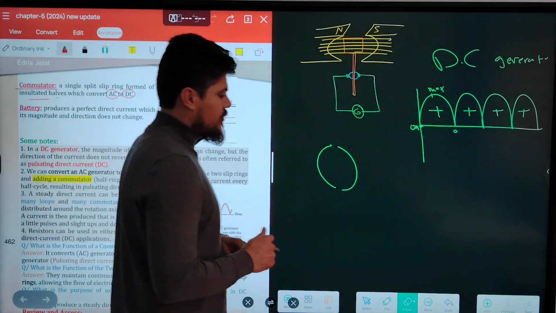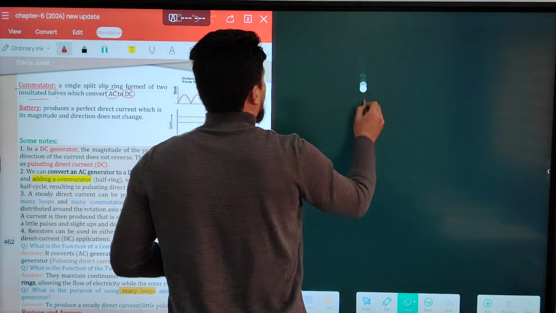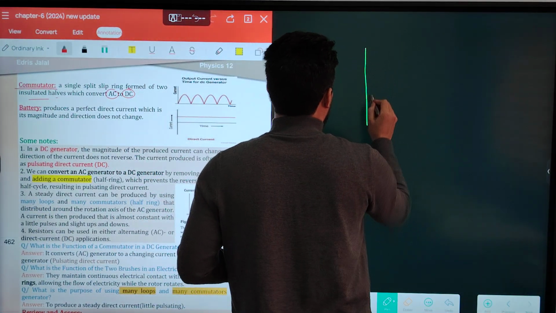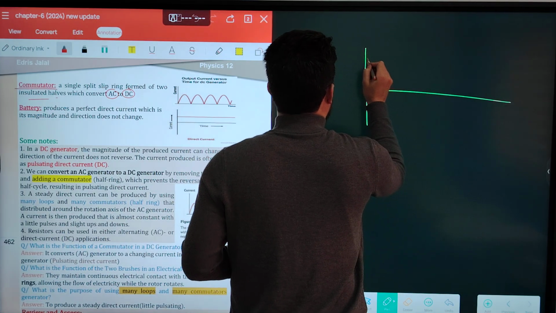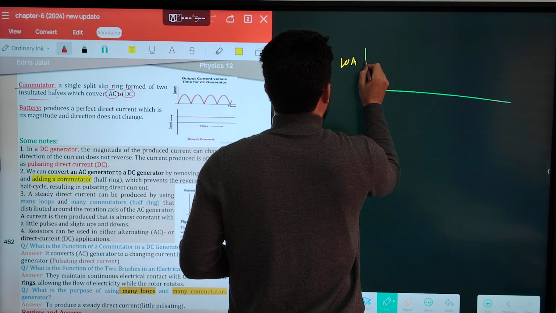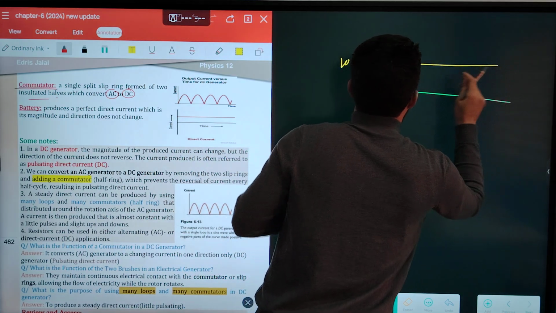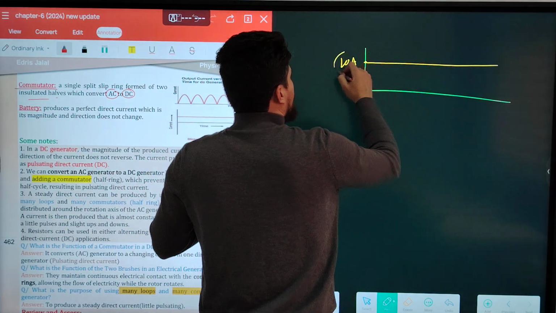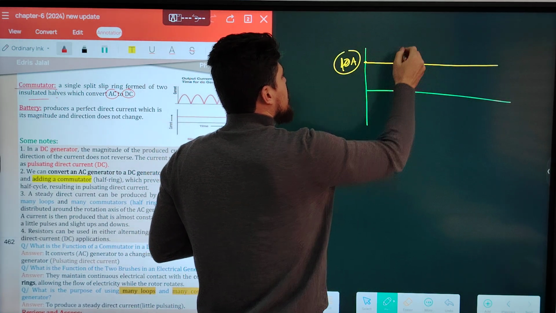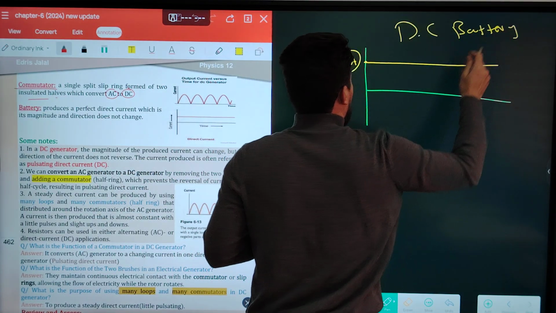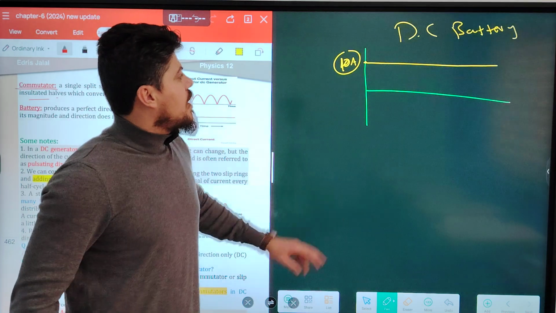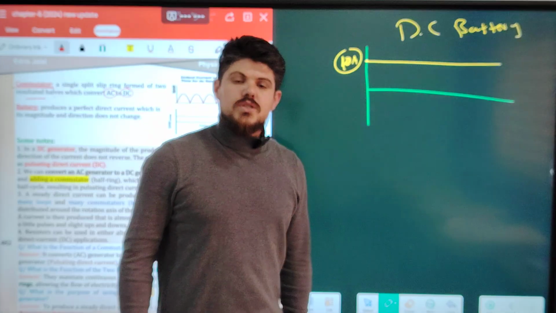Another type of current is the DC battery. In the DC of a battery, the direction and magnitude don't change. For example, if the maximum current here is 10 ampere, the current all the time is 10 ampere. In a DC battery, guys, neither the magnitude nor the direction of the current changes.